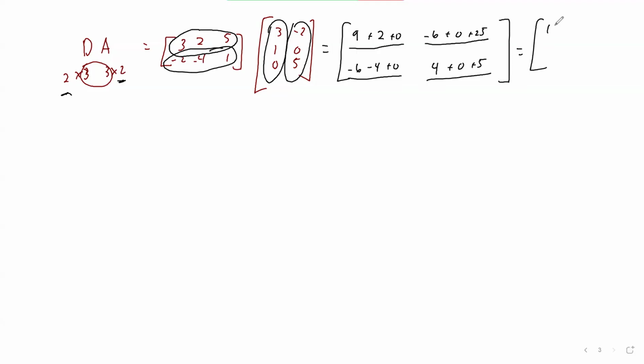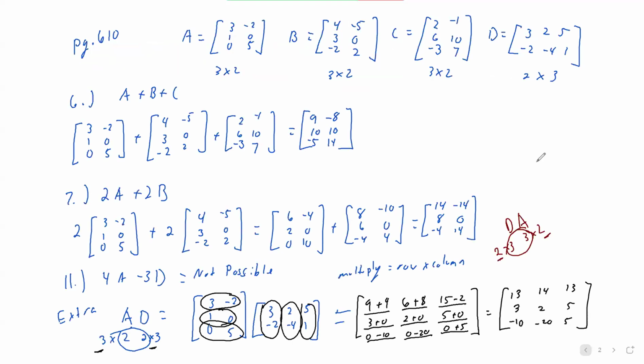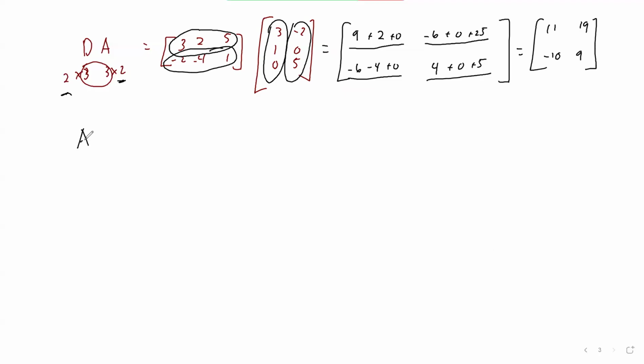So 9 plus 2 is 11. -6 minus 4 is -10. -6 plus 25 is 19. And 4 plus 5 is 9. All right, so these last two were extra, but I want you to notice that AD does not equal DA. So multiplication of matrices is not commutative.